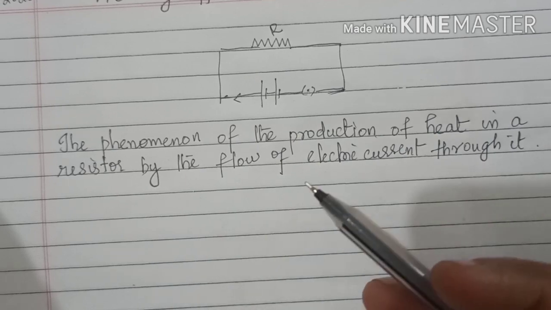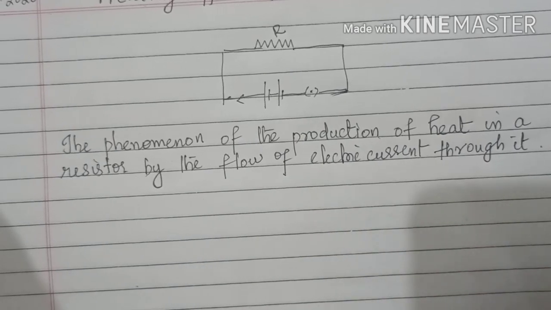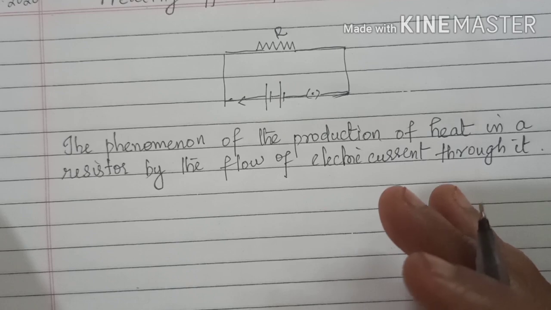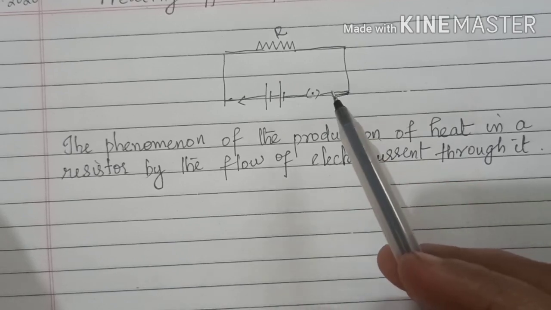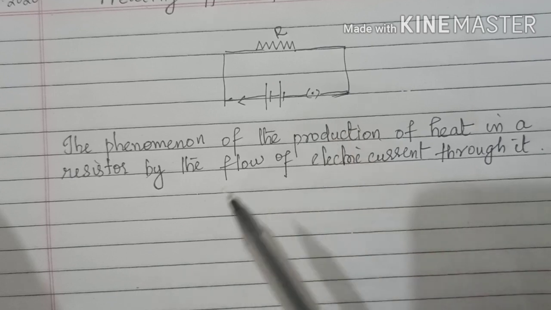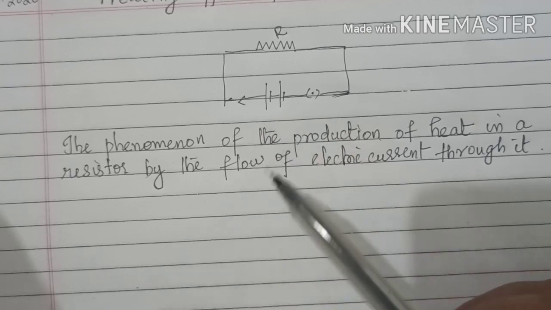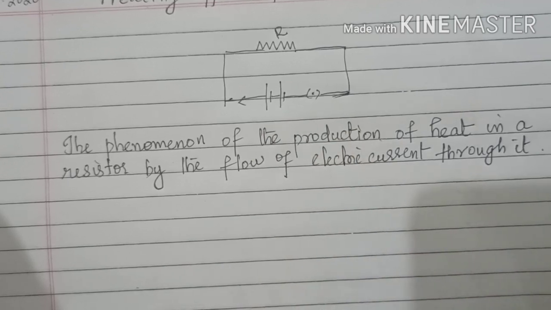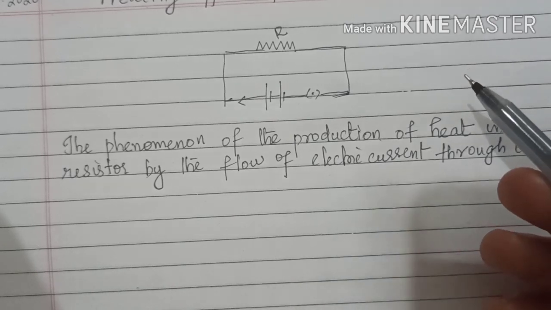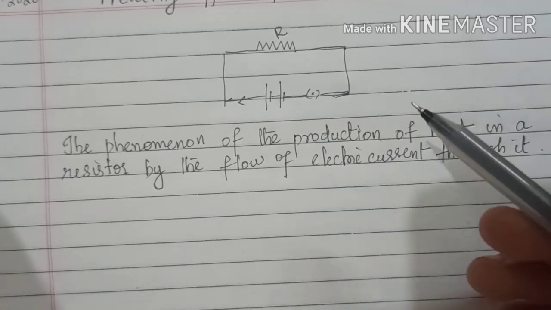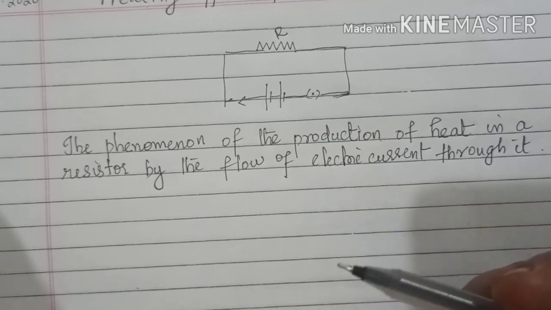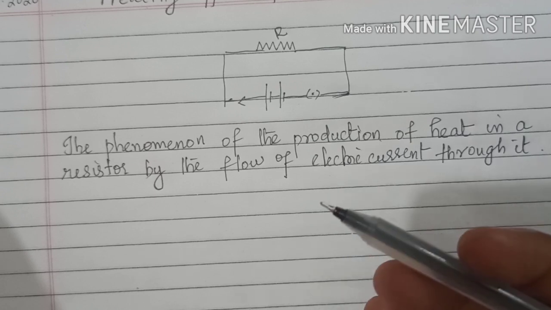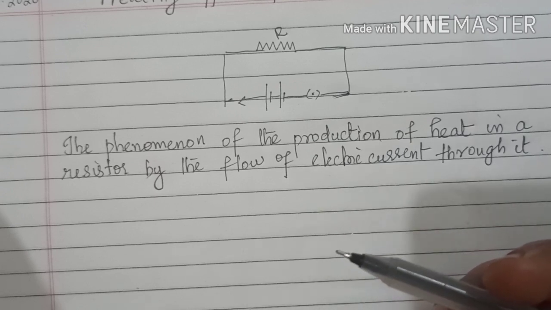The energy possessed by the electrons for its motion is kinetic energy, and this kinetic energy will be transferred. During the collision, the kinetic energy will be transferred to the metal ions and the metal ions begin to vibrate. The average kinetic energy of the ions increases. This increases the temperature of the conductor, and thus the conductor gets heated due to the flow of current.